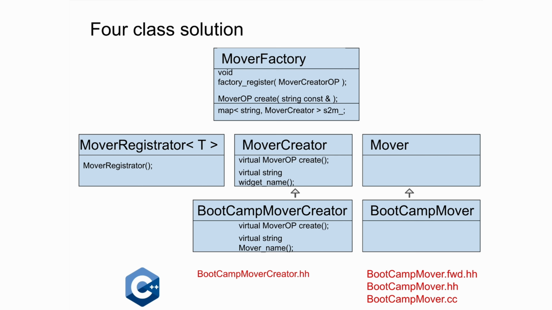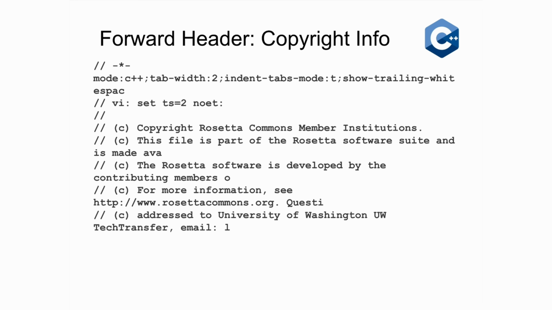Your bootcamp mover will be defined with the forward header file, the header file, and the CC file. And then you have your bootcamp mover creator header file. And these are how the mover registrator gets connected to your creators through the MoverFactory, which we talked about.